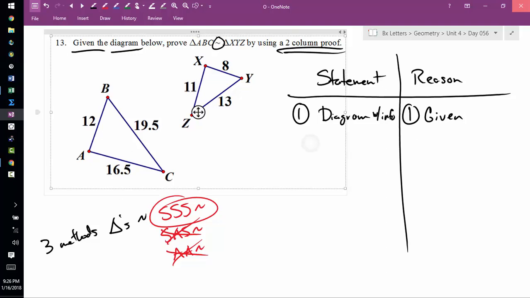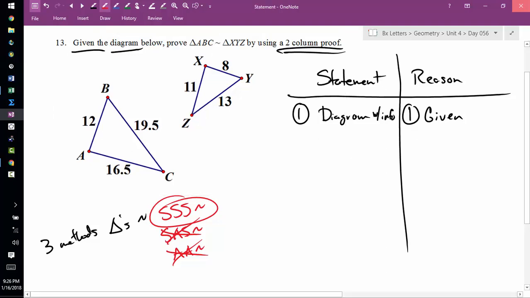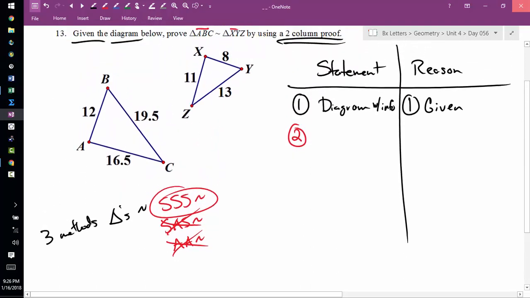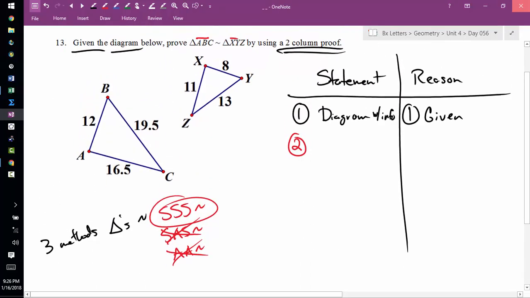So I'm going to use their similarity statement to help me make my statements. So my statement 2 is going to be establishing the equal ratios. I'm going to start with side AB. I'm going to do side AB divided by the corresponding side XY. First two letters divided by the first two letters.